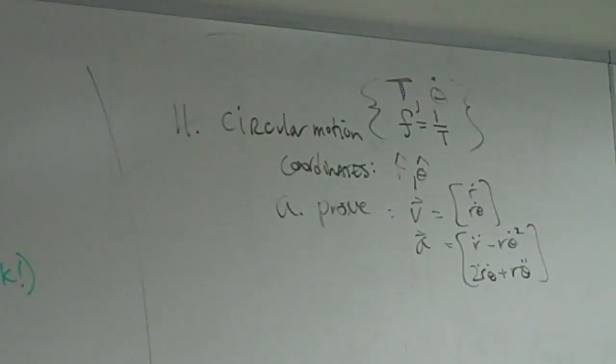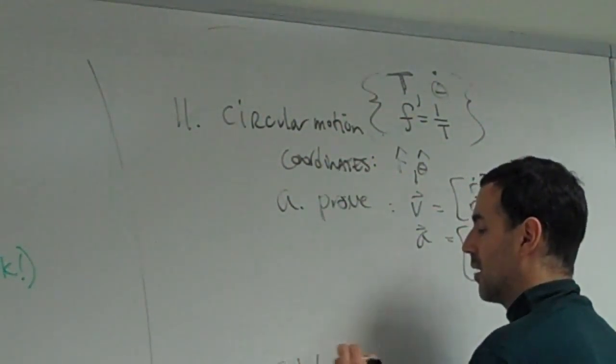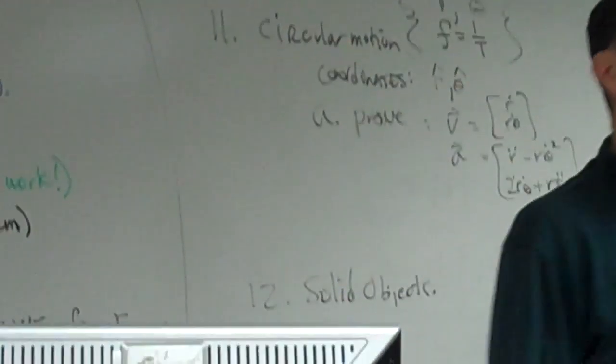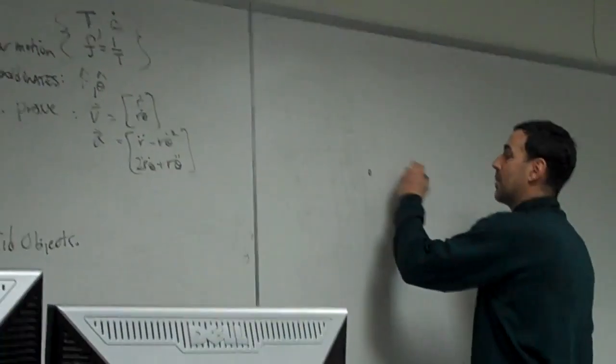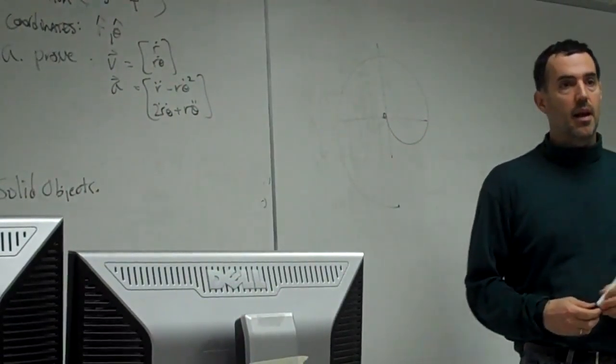We're not yet to number 12. Number 12 is going to be solid objects. But for number 11, you should be able to use those equations for a path where r is changing. One example I gave on the last test was some kind of path looking like that.